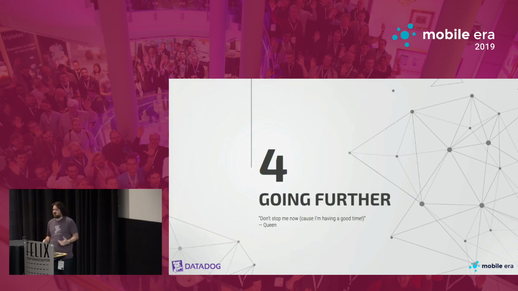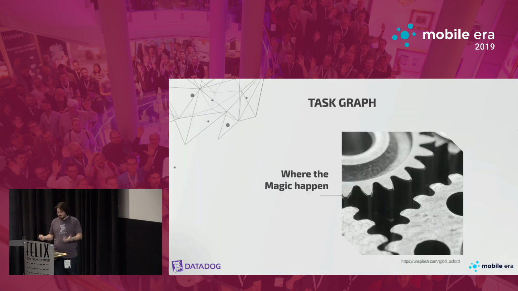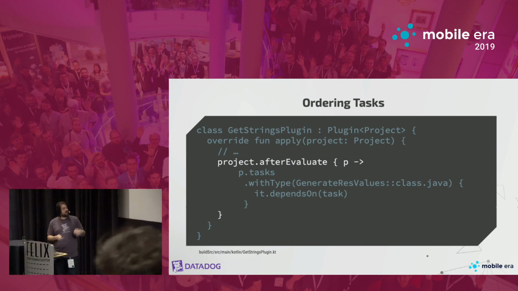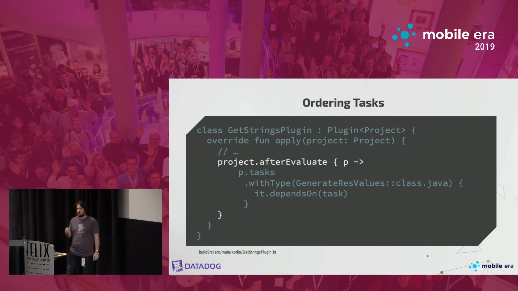So now that we've done that, we can go a little bit further and explore what we can do with this plugin. First thing I mentioned is ordering the task. So here in my plugin class, after I created the task and configured it, I can call this. So project.afterEvaluate just waits for all the plugins to be applied, meaning that we know that when we're inside this block, the Android plugin has been applied and it has created all the Android-related tasks on your project.